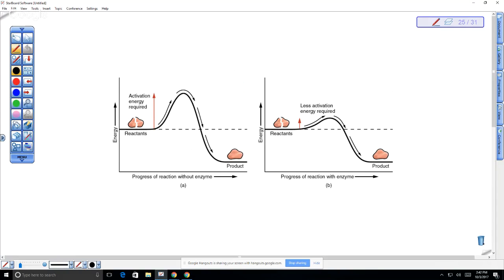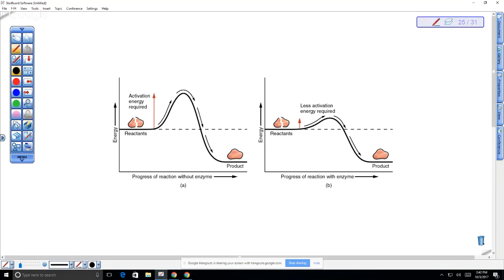The exact same thing would be the case if I wanted to break down the product into its reactants. So you notice that without an enzyme, it takes a lot of energy to do that. You can add a lot of heat perhaps and break it apart, but at normal body temperature, it wouldn't be broken apart or, in this case, put back together.